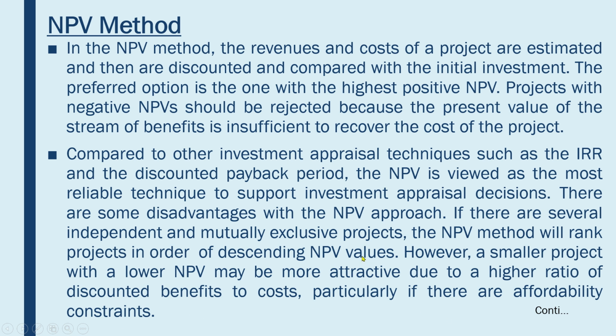So NPV basically gauges the project in monetary terms and gives the weight of the project. Yes, and the BC ratio you will see in the coming presentation. It gives you a ratio: if you invest $1, how much you will gain by investing a single dollar, whereas NPV gives you a value in totality.